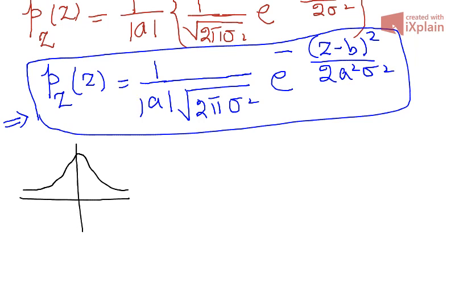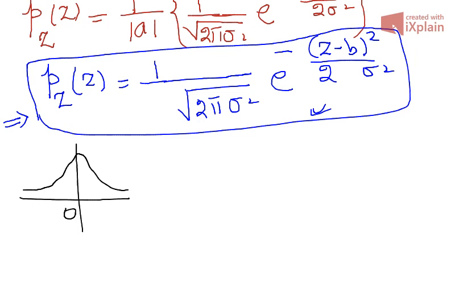When your a is 1, we can erase this one, we can erase this one, right? So we have actually 1 over under the root 2 pi sigma square, e to the power minus (z minus b) square over 2 sigma square. So our expression when a is 1 becomes like this.